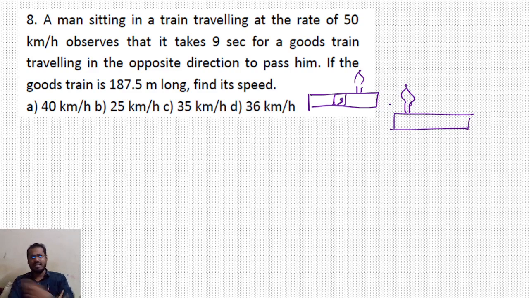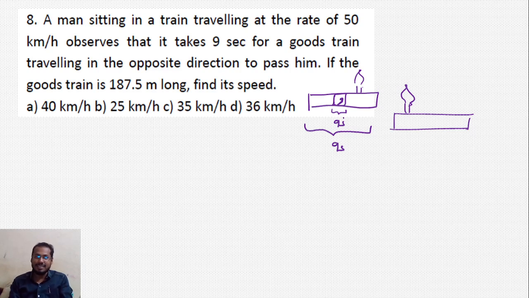Now my simple question is, if you are sitting inside the train, how can you calculate the seconds? You can calculate whether the opposite train crosses you or your whole train. Is this 9 seconds the time the goods train takes to cross you, or to cross your whole train? This is what the question is.